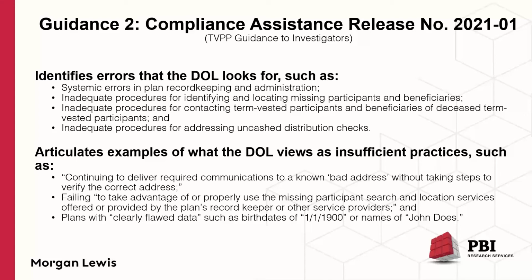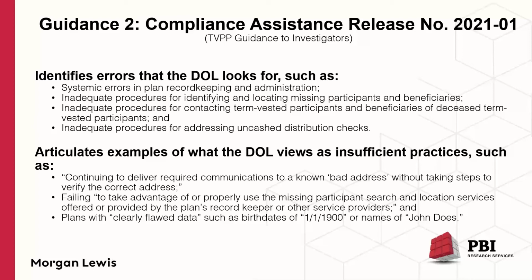So what do I mean here? For example, the DOL identifies things like systemic errors in the data, inadequate procedures for identifying who in the plan is missing, inadequate procedures for outreach, and inadequate procedures for addressing uncashed checks. So again, although this is about the investigations, it provides a framework for the big picture issues that fiduciaries may want to be considering.